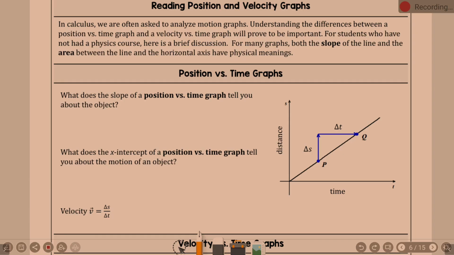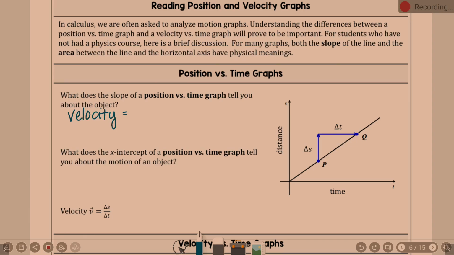And in this case, position, so distance, is my vertical axis. Now, with that in mind, what does the slope of a position versus time graph tell you about the object? Velocity. Okay, velocity. So it does tell you velocity.